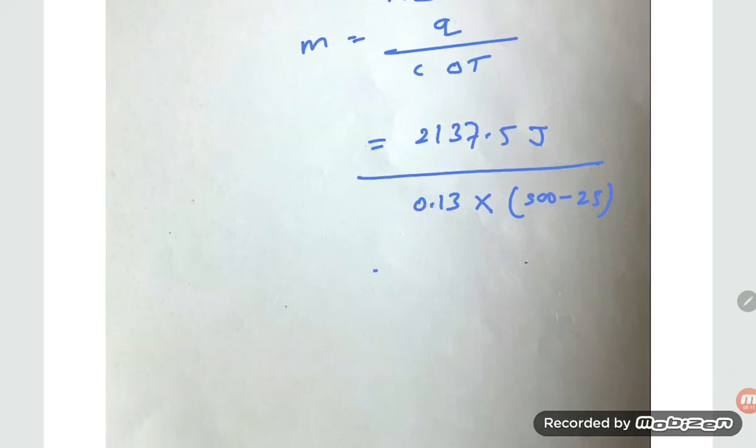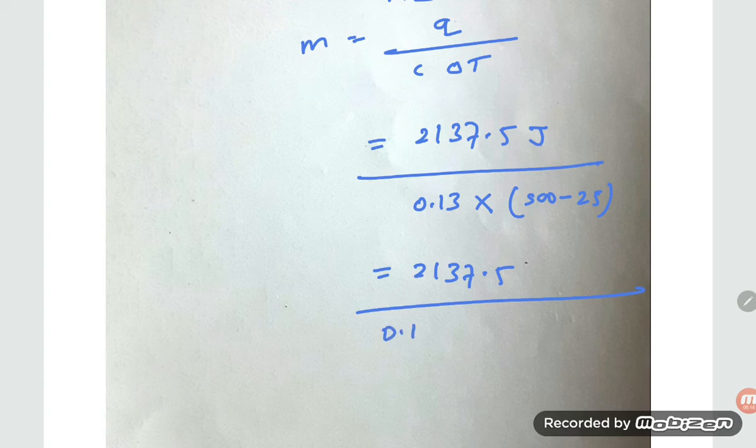Let us solve it out, student. That is 2137.5 divided by 0.13 multiplied by 475.